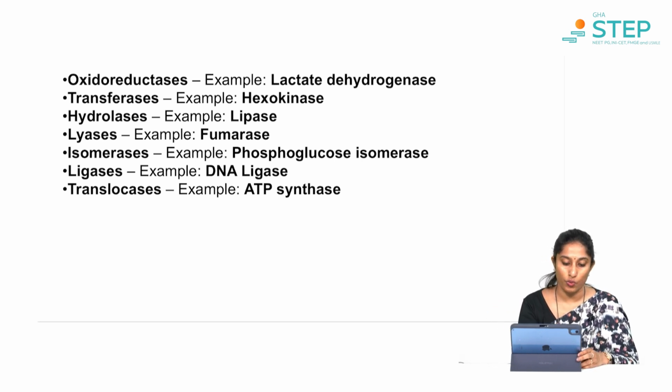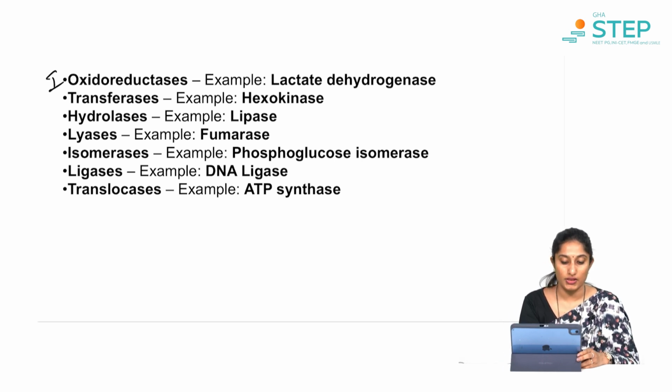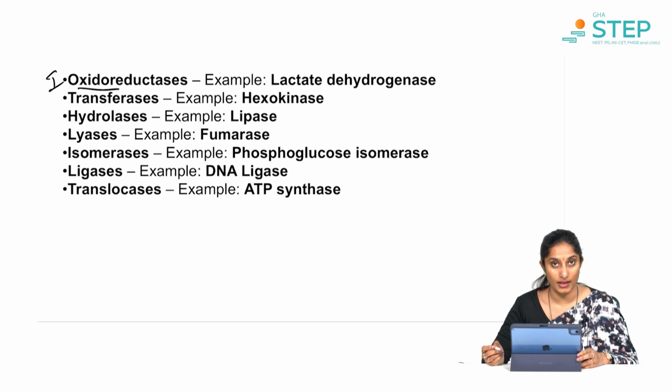Class number 1 is called the oxidoreductases. The name suggests oxidation and reduction reactions. Any enzymes which take part in oxidation and reduction reactions, we would call oxidoreductases.